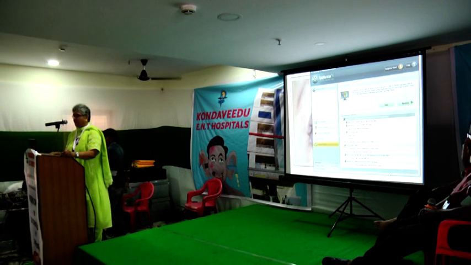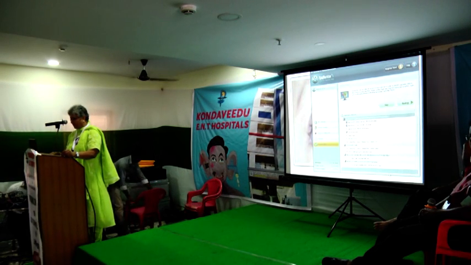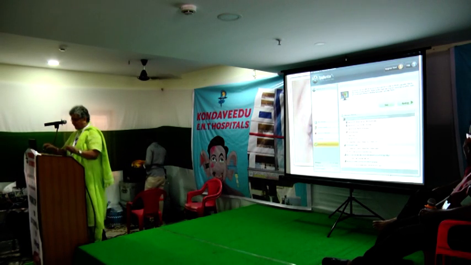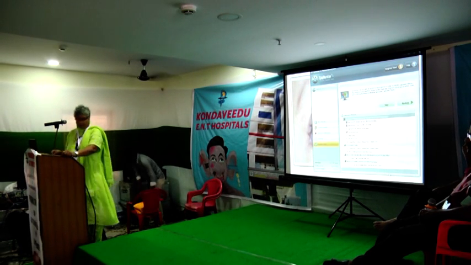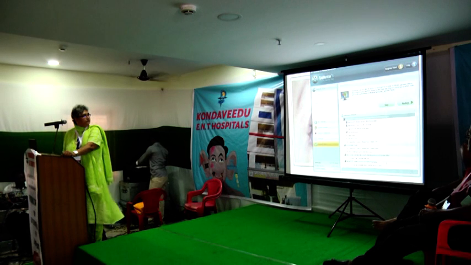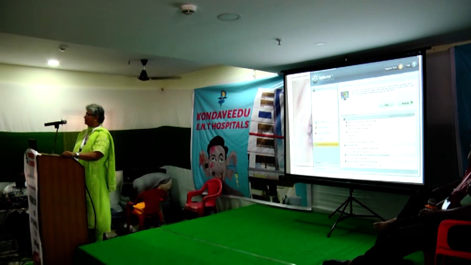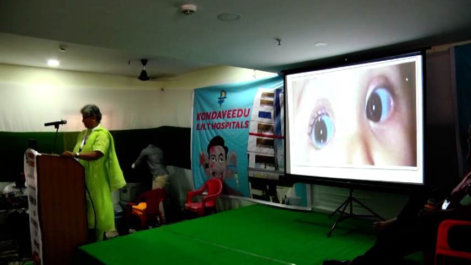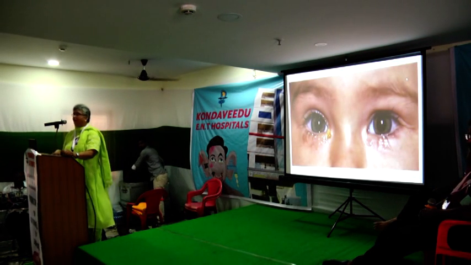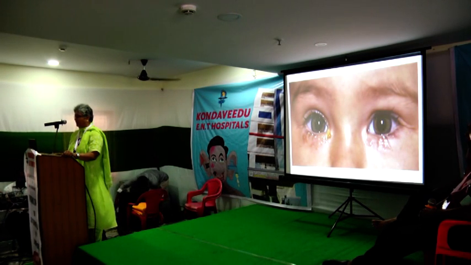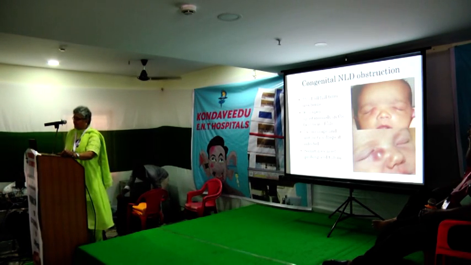So you should diagnose like that and then proceed with what should be done. That is the treatment of the congenital NLDO. It may be bilateral, it may be unilateral, or simple watering or with pus discharge.